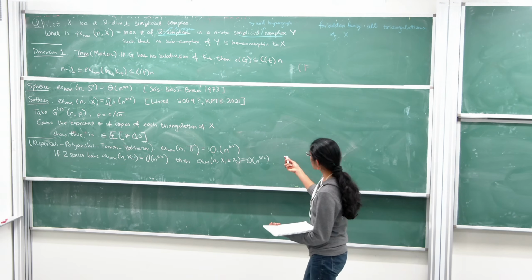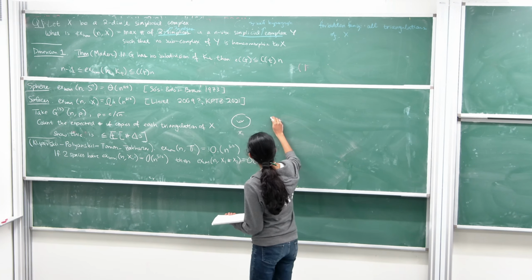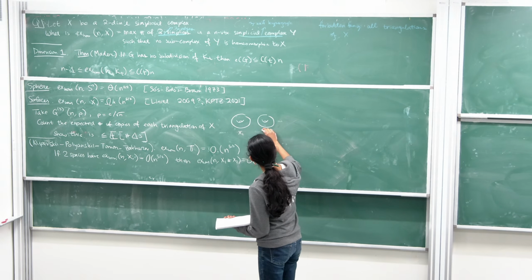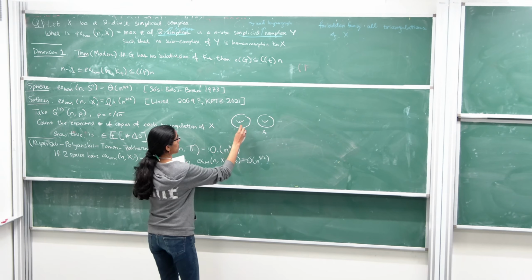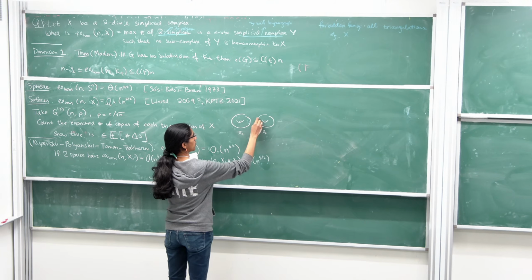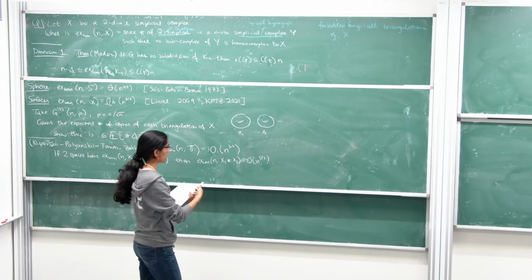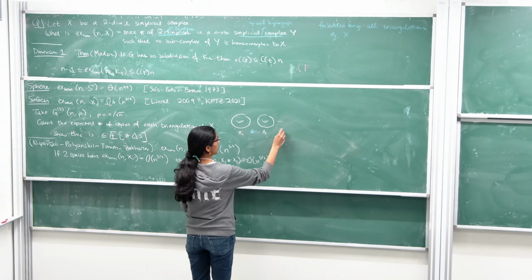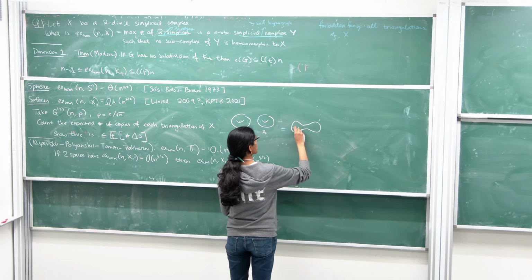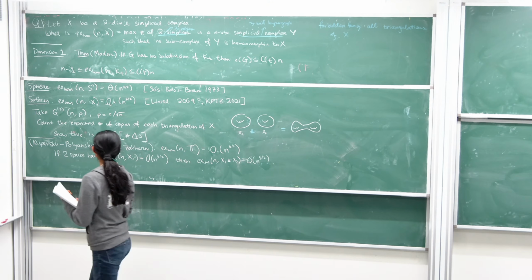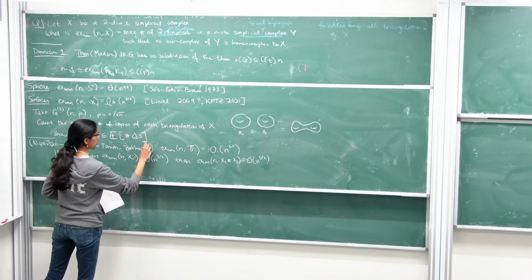And when I say connected sum, I mean I take my first space and my second space, and then I cut out a small disk in each one, and then I glue them together. So the connected sum of these two is a 2-hole torus. And this was in 2022.